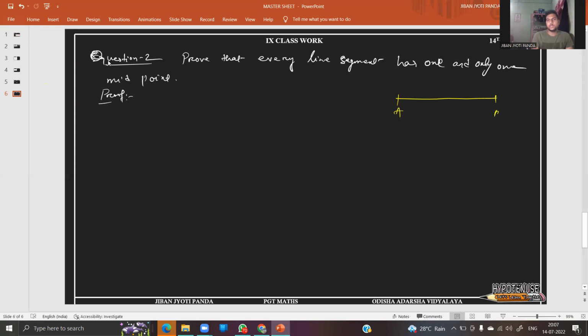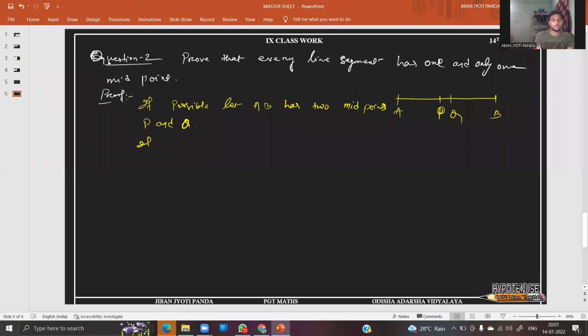It has two midpoints, one is P and one is Q. If possible, let AB have two midpoints P and Q. तो it has two midpoints P and Q, किसका? AB का. अभी हमको क्या प्रूव करना है ना, P and Q coincide with each other. वो दोनों क्या करेंगे ना, coincide with each other.